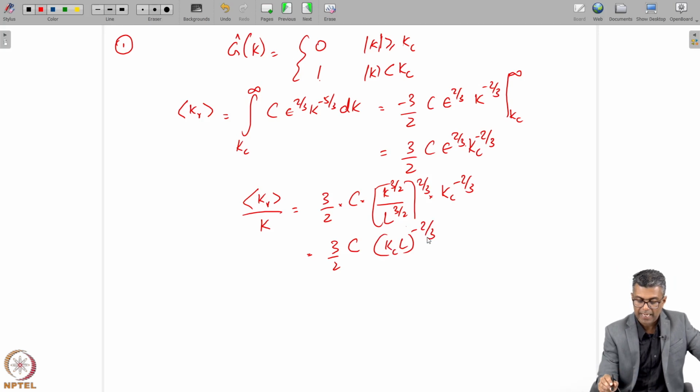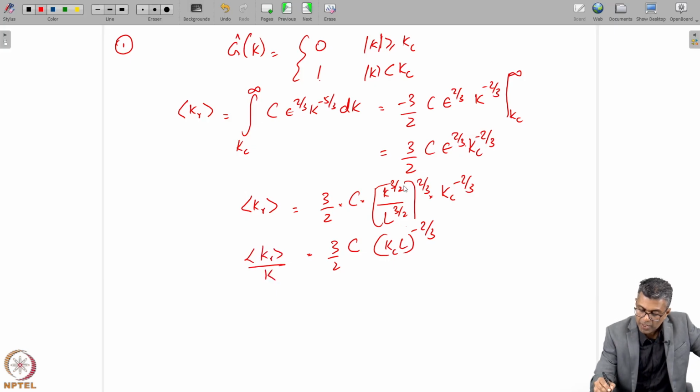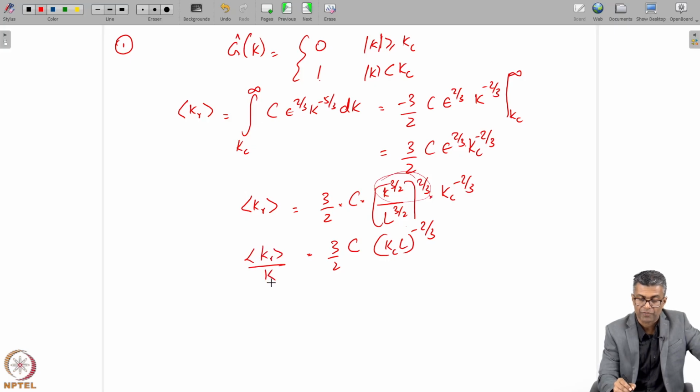I am using that k. So this is what I do. This is kr, and this is kr over k, because there's going to be a k from here, which I bring to the denominator on the left hand side.